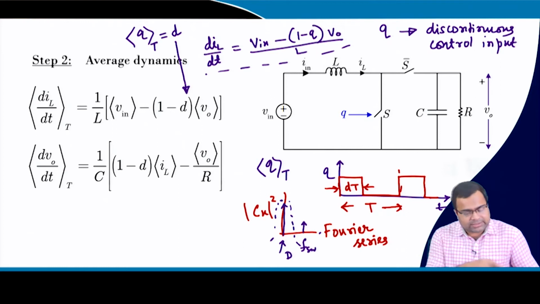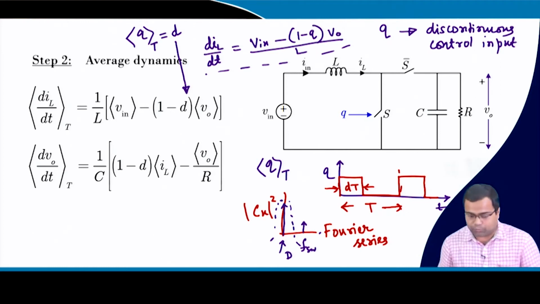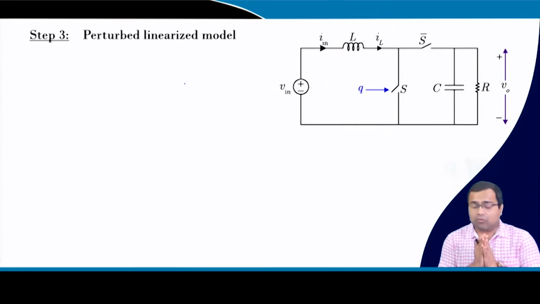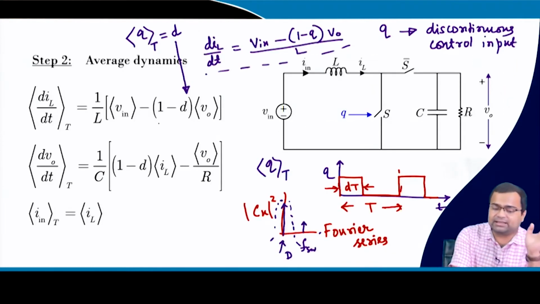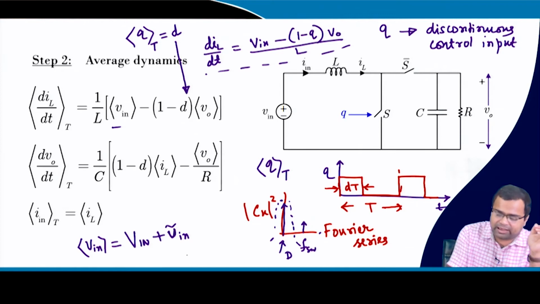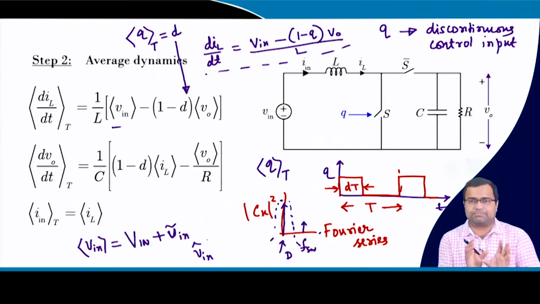Similarly, we can take the average of the dynamics of the output voltage and the average dynamics of the input current, and input current and inductor current are the same. Next, once we apply the average, we can replace any average quantity by its capital steady state value plus the perturbation, V in tilde. Sometimes we write tilde, in some reference books we write hat. Whether it is hat or tilde, this represents the perturbation.